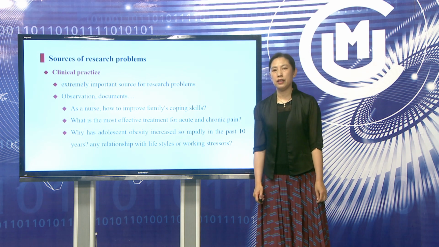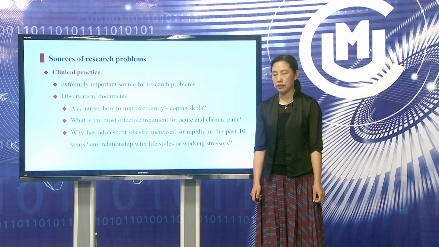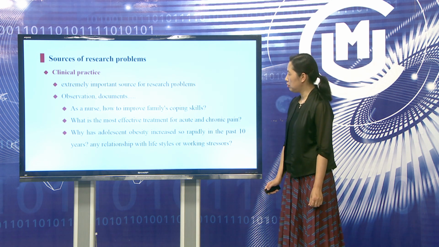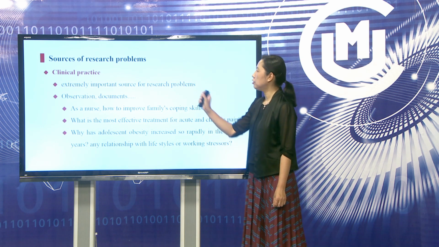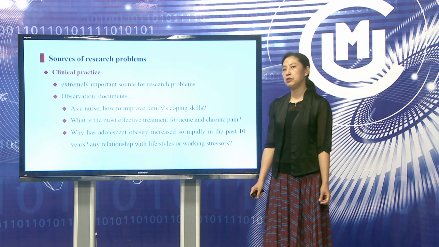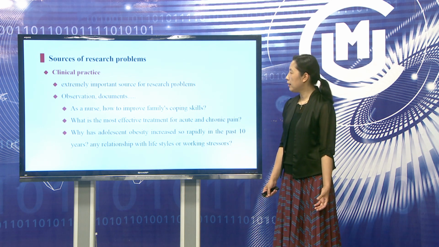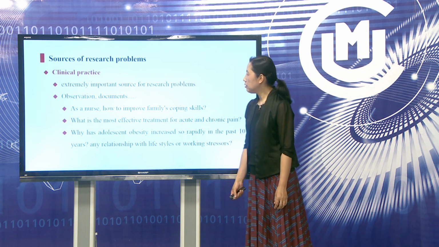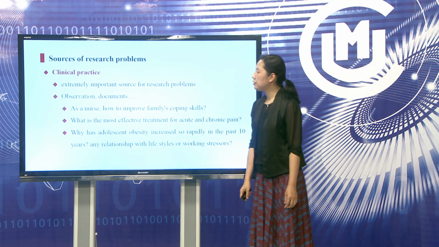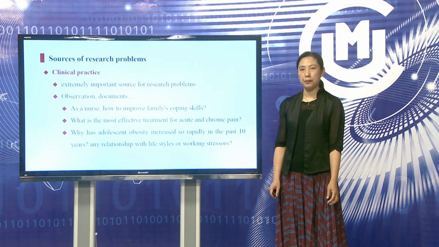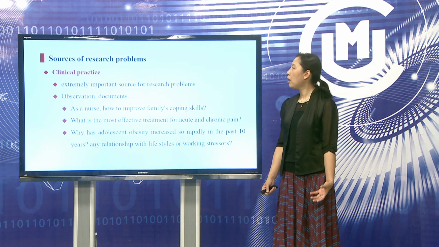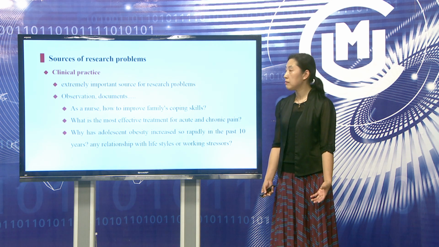I would say it's extremely important for nursing researchers to find research problems, because our research is helping the care to be better. So we can use observation and we can look at the documents. You may find some problems that need to be studied.